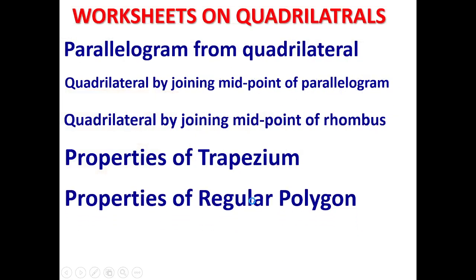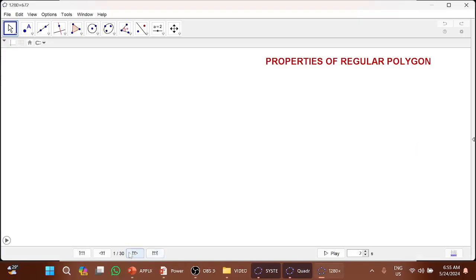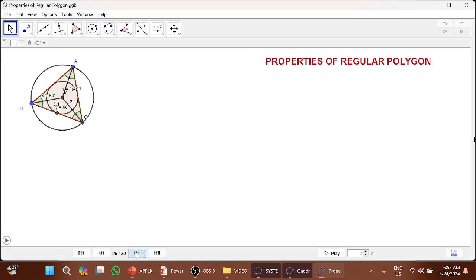Then let us go to regular polygon. Then the child will know what a regular polygon is. Starting from an equilateral triangle, you can go up to side 10. For example, I am showing you these properties of a regular polygon.